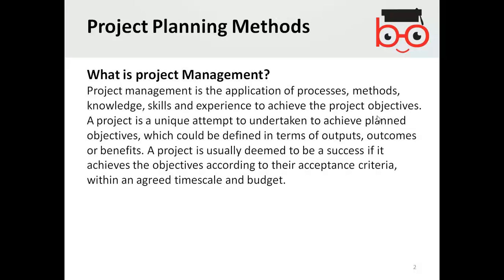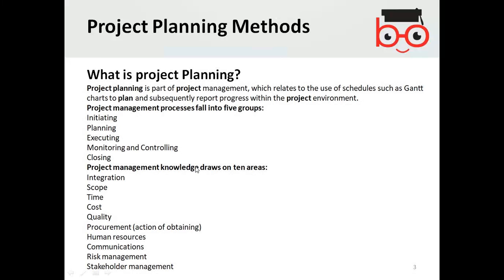So, the project is only successful if you got the objectives, you aimed to get certain objectives according to certain acceptable criteria within the time scale and budget. If you couldn't complete the project under the budget, under the time, and the criteria were not met, then obviously the project is not successful.